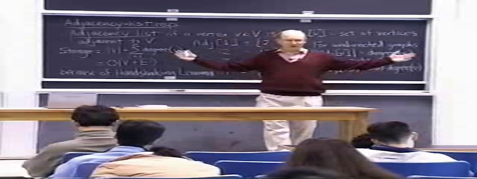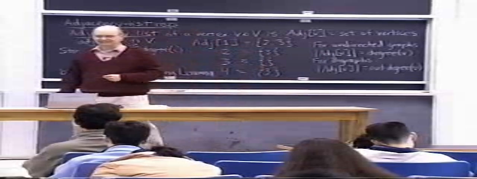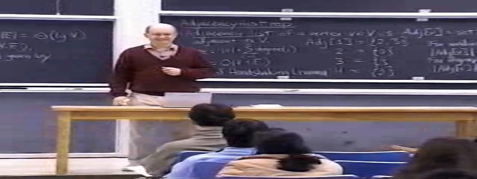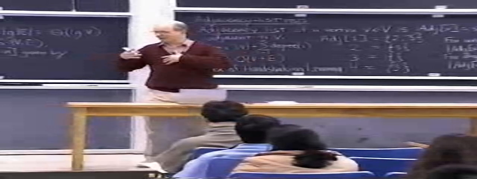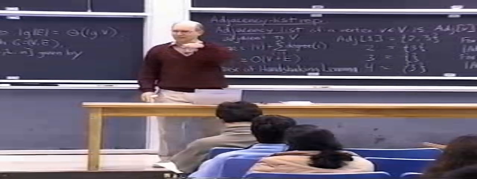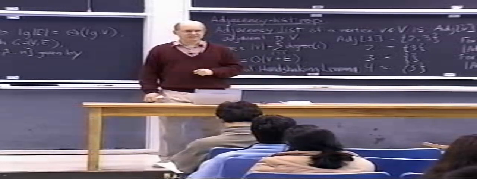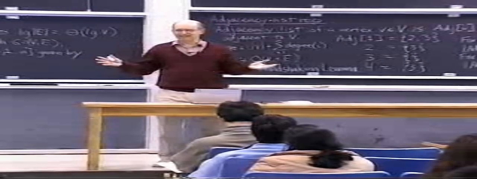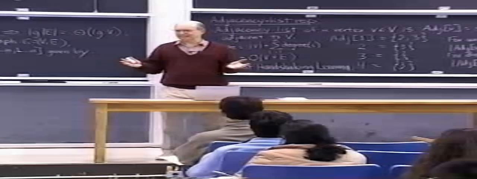So there's a party, and various people shake hands during the party, and nobody shakes hands with himself or herself, and people shake hands maybe the same number, maybe different numbers of times. And at the end of the party, somebody goes around and counts up for each person, how many hands did you shake? And they add all of them up. And the answer is even. So that's the handshaking lemma.